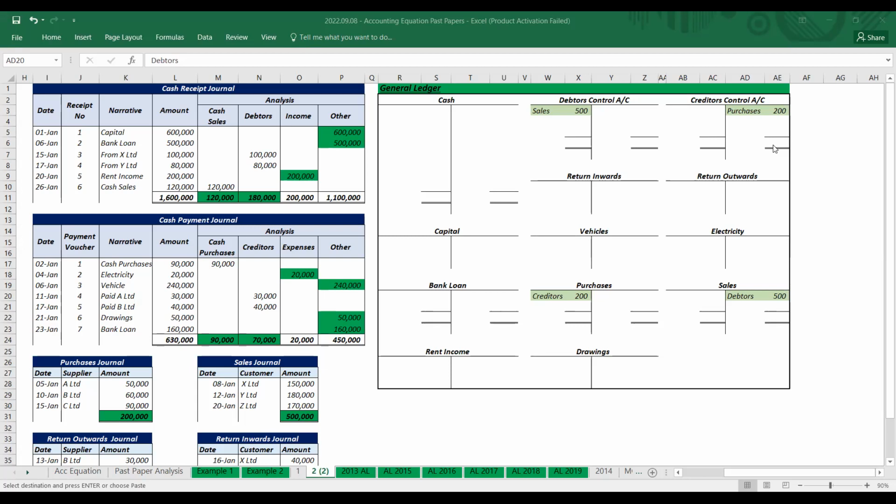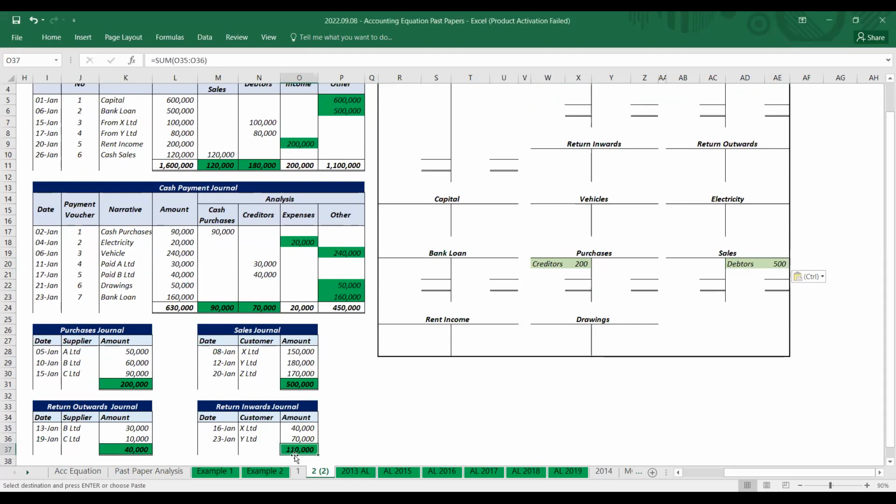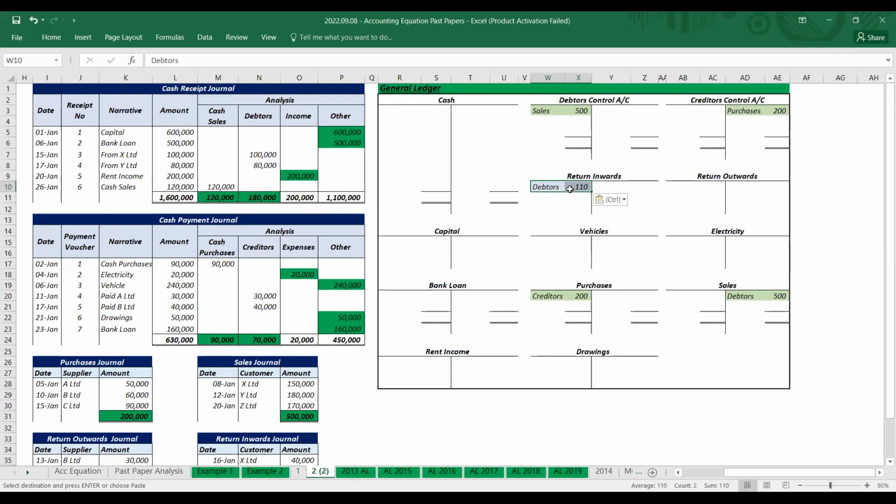Return inward and return outward double entry. Yes, return inward double entry. Return inwards 110,000. Return inwards is debit. Return inward means we are getting the stock back from debtors.